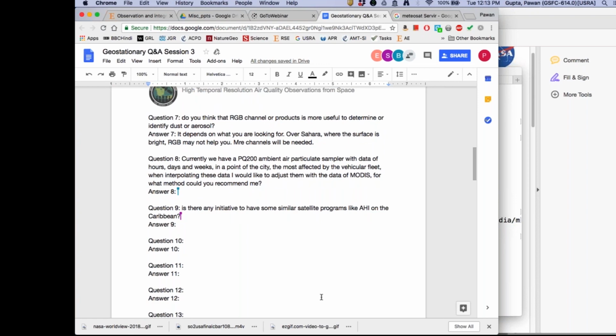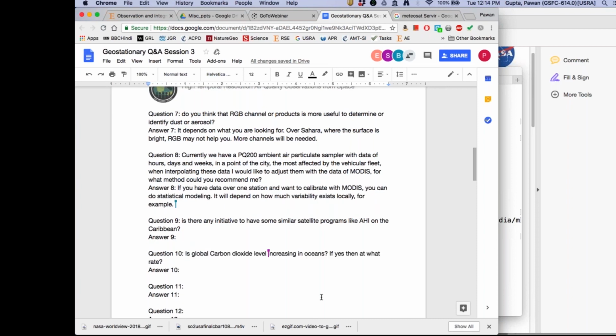First of all, I'm not familiar with this specific PQ200 ambient sampler, but if you have PM data over one station and you want to calibrate MODIS 1 kilometer or 10 kilometer aerosol products, you can do some statistical modeling if you're only interested at the local level.